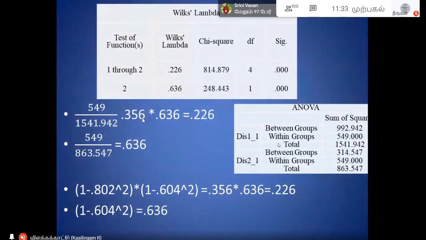So now within group, in the total difference, is only 22%. Which means it is less. So Wilks lambda should be less. Wilks lambda is within groups divided by total. In the total, 22 is within, which means the between groups is the remaining 82.